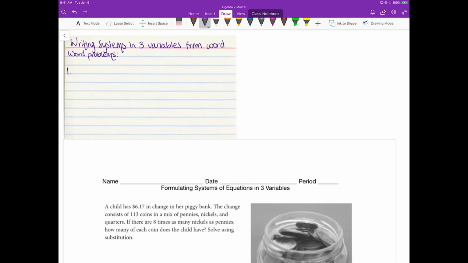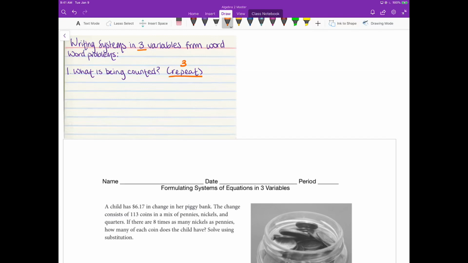The first thing I think about is what is being counted. So I look for things that repeat. And if we have three variables, I'm most likely looking for 3 repeats.